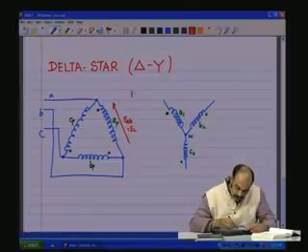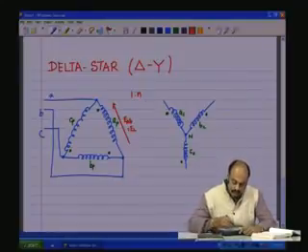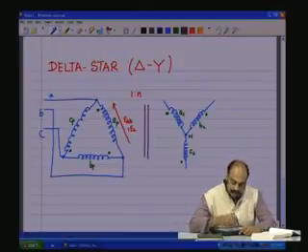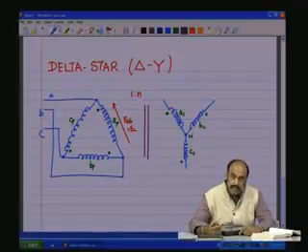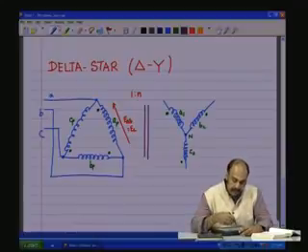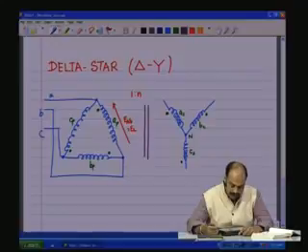So, in the delta star connection, when there is an indication of turns ratio for the 3-phase transformer, we say that the primary side phase coil to the secondary side phase coil, or the secondary side phase coil to the primary side phase coil, whichever is applicable, that would be the scaling factor that you have to use for the voltages.